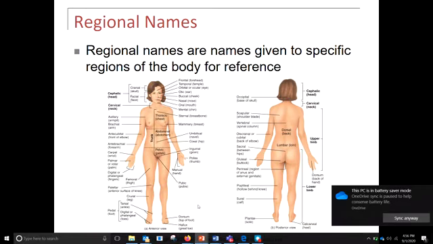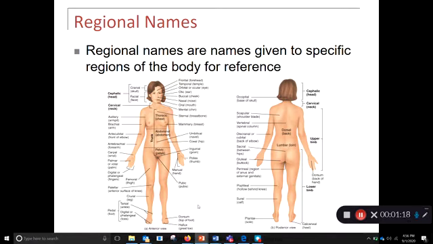The anatomical position is, as you can see, the face is forward, the palms are forward, the feet are forward, everything is straight. There's no twisty turn in the trunk, the neck, or the back. It's all facing forward: palms, feet, toes, face.